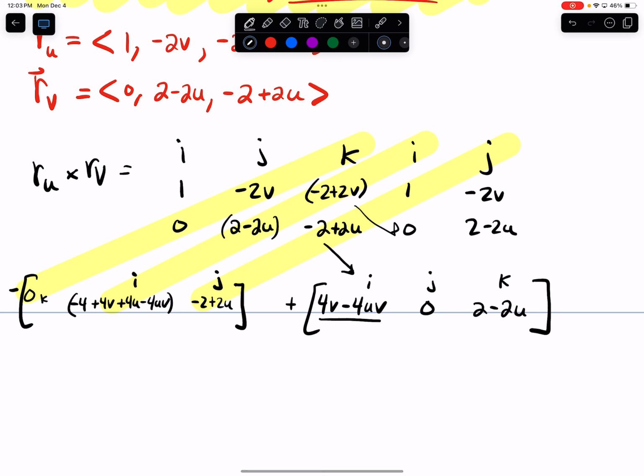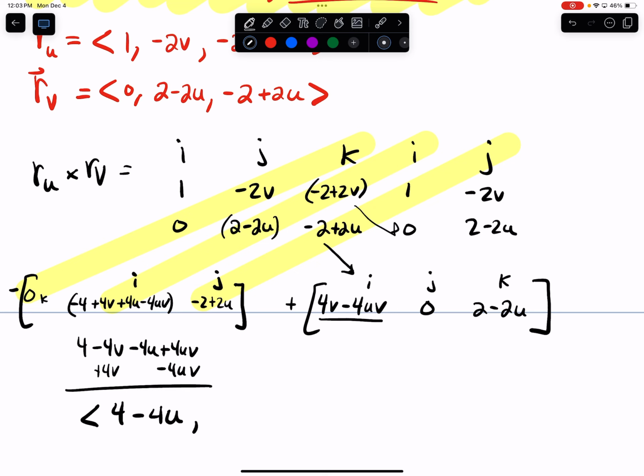So that's going to be 4 minus 4v minus 4u plus 4uv minus 4uv plus 4v. Those cancel, so I get 4 minus 4u for the i component. Then j is going to be 2 minus 2u, and k is going to be 2 minus 2u. Did I get that? Got it.